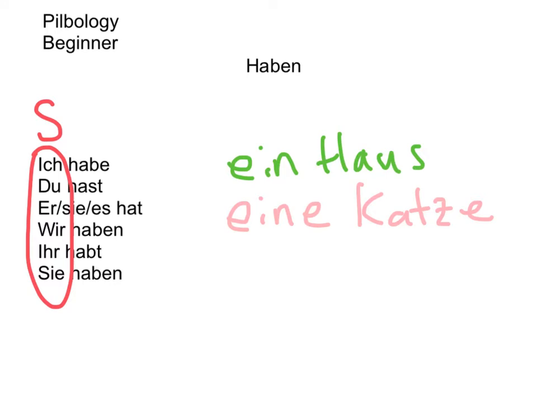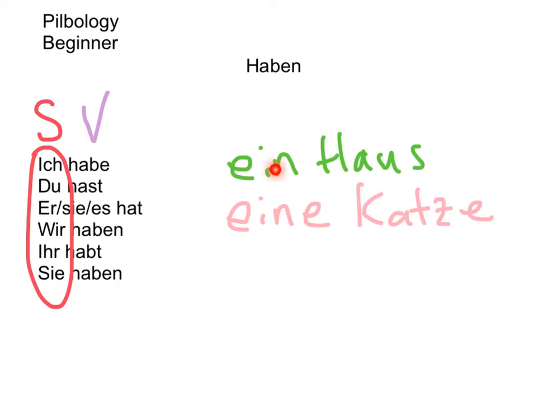So the I, you, he, she, it, we, you, they, subject. The verb is obviously this one here. So now if you've got a subject and you've got a verb, the subject is kind of like a thing, isn't it? Well, we've got two things now in the sentence, here and here.